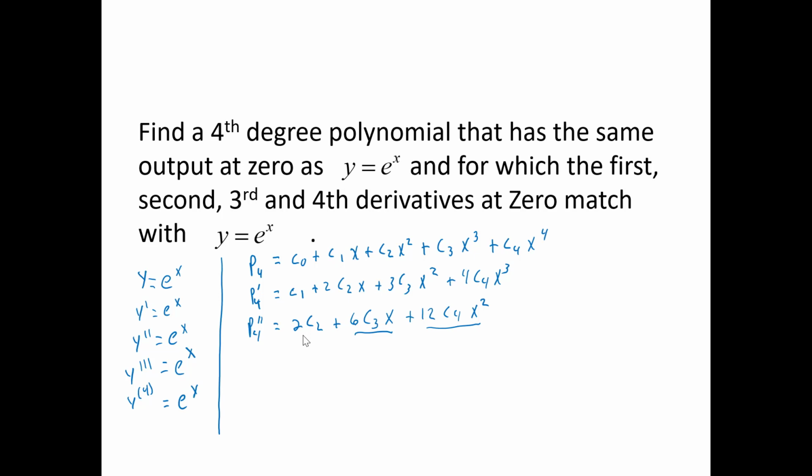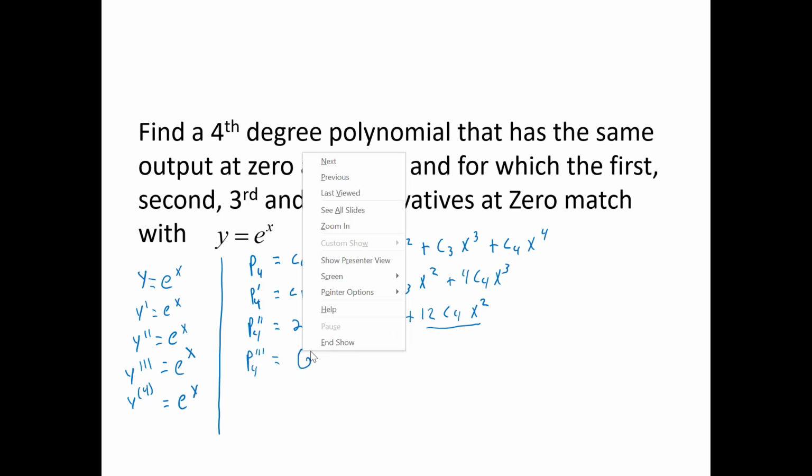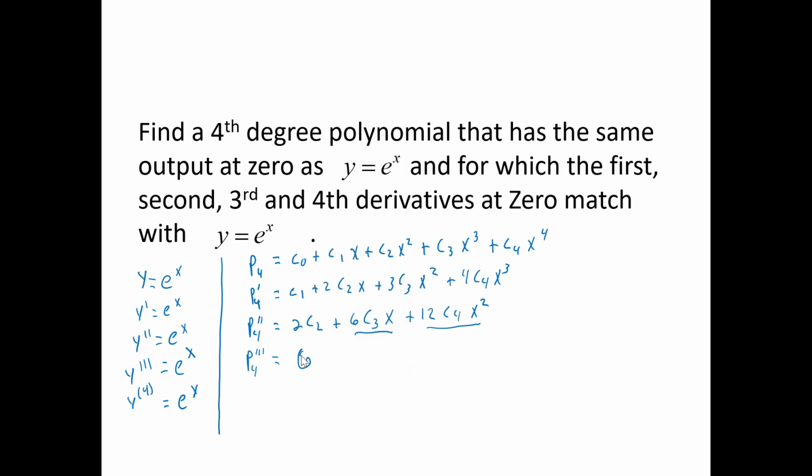the same C2, 1/2. When I go to find my third coefficient, C3, I will need the third derivative. And when I do that, this term will go away. I will get 6C3 plus 24C4 x.